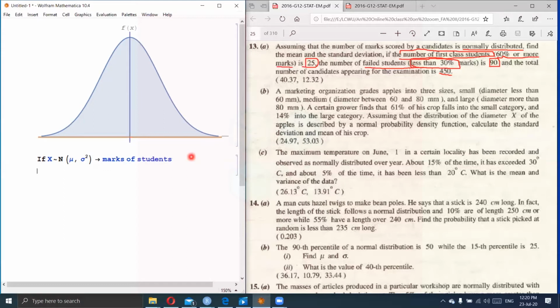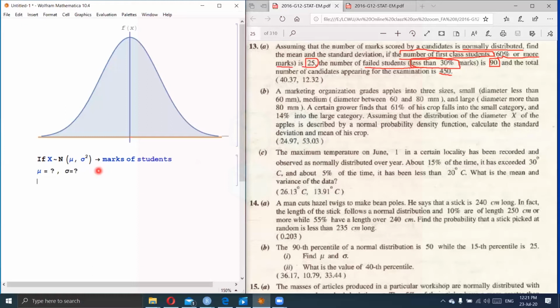Next, mu is unknown, so we can write it as mu equals question mark. Next, variance is unknown, and standard deviation is going to be fine, so standard deviation question mark. These are two unknown values.